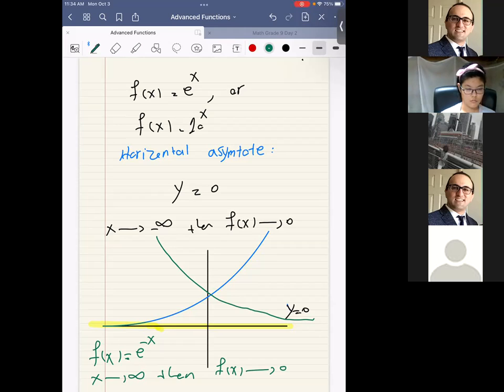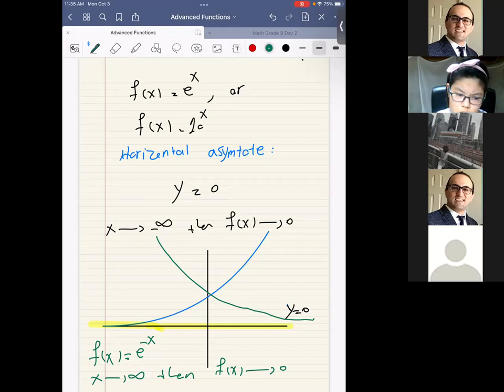Now, what is the range of e to the x, or 10 to the x? Look at this picture. What is the range of this function? From 0 to infinity, and it doesn't include 0.